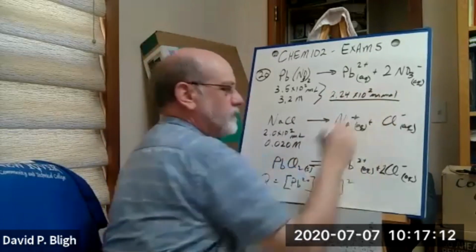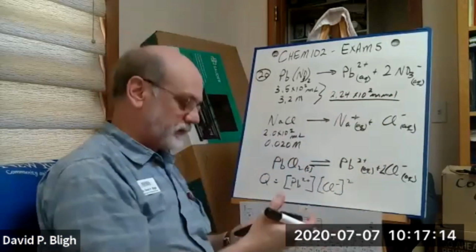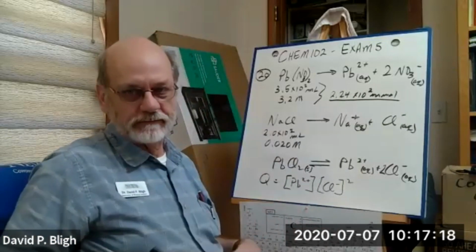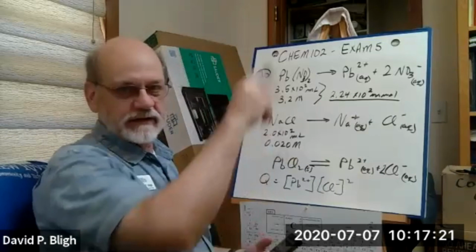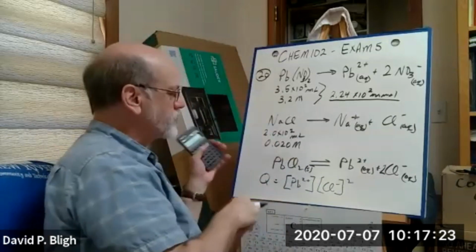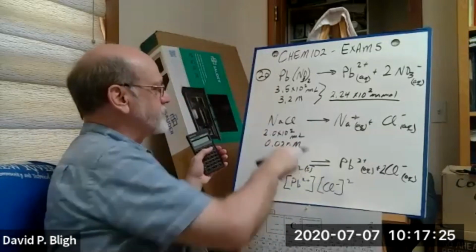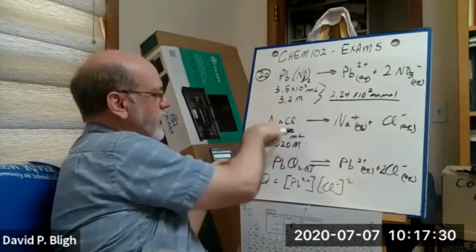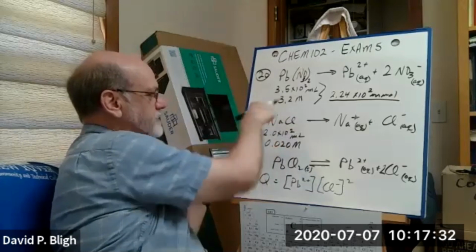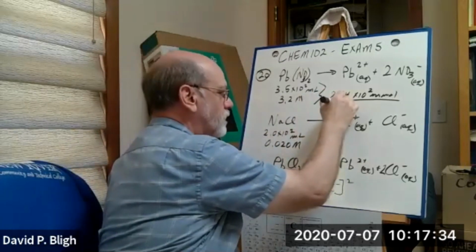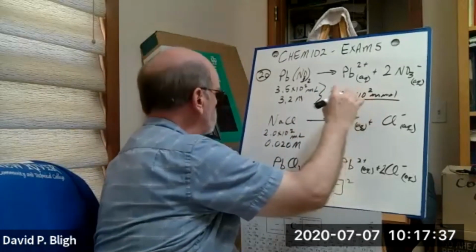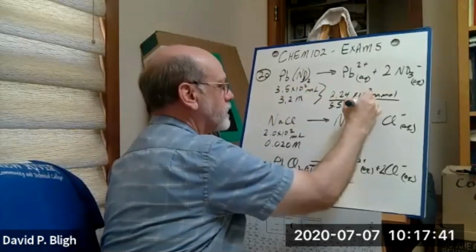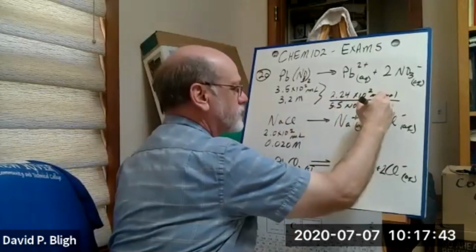Okay, so what's the volume? Right, we need concentration. Remember, millimoles divided by milliliters is molarity, because the millis cancel out. So we just need total volume. So what's the total volume? Well, it's 2 plus 3.5 times 10 to the minus 2. So that's 5.5. Excuse me, 10, not minus 2, 10 squared milliliters.